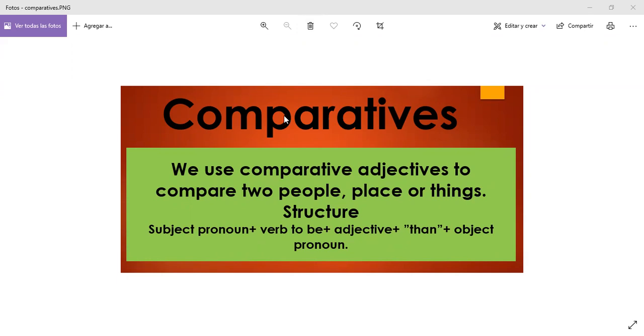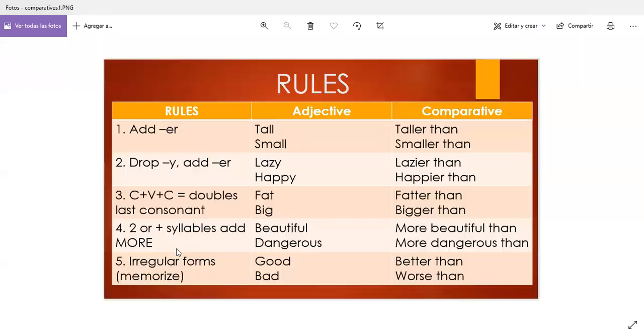Now we're going to see some rules for you to practice. Rule number one, we just add er to the adjectives such as tall and small. The comparative is taller than and smaller than.